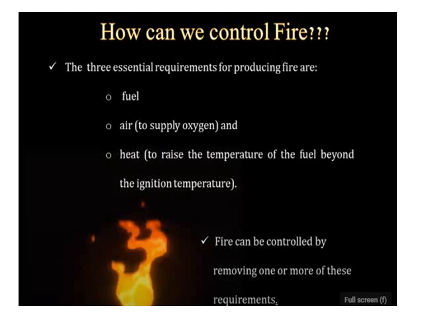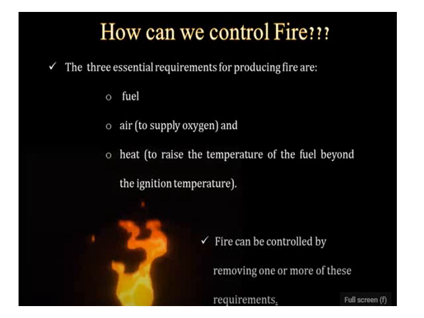The three essential requirements for producing fire are fuel, air, heat. That means whenever there is fuel, then it will begin to catch fire. When there is a supply of air, that is the supply of oxygen, then it will help in the combustion.